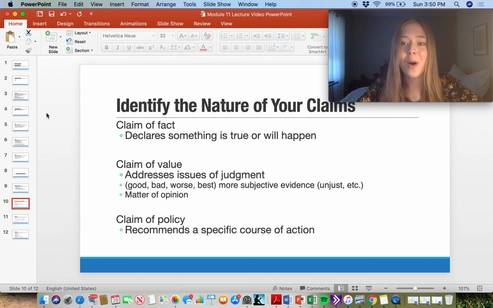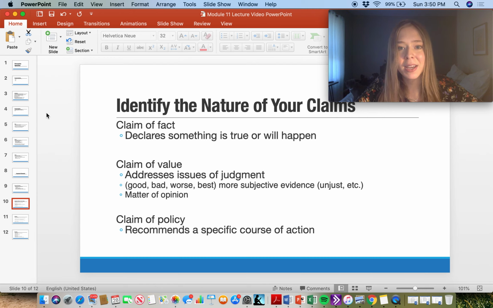Okay, and while we're on the topic of claims, I want to talk about 3 different types of claims that we can make in a persuasive speech. So first is a claim of fact, and so this is declaring or arguing that something is true or will not happen.